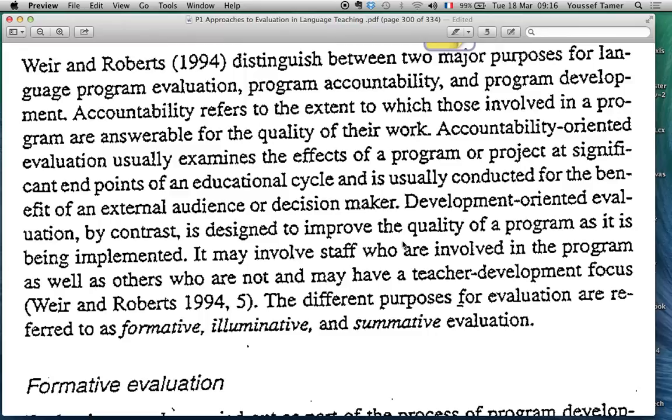So in order to develop, the purpose is to develop, okay? So the purpose could be accountability, to investigate the quality of a program, or the purpose could be development of a program. So these are two purposes before we go into any types of evaluation.